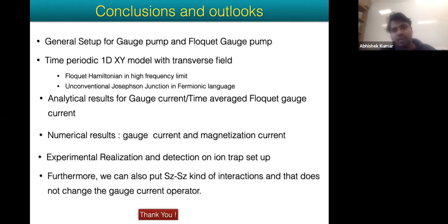If the ground state of the XYZ model with transverse field has the same degeneracy as for the XY model, then we can use this to detect the degeneracy for the XYZ model also, because the operator does not depend on the SGSG kind of interaction.